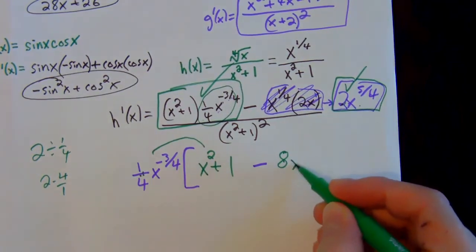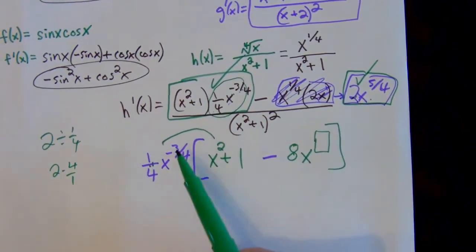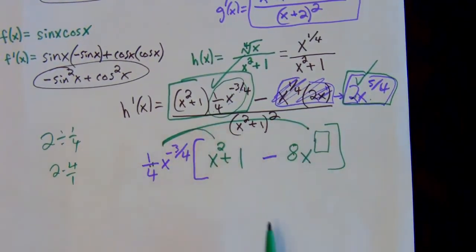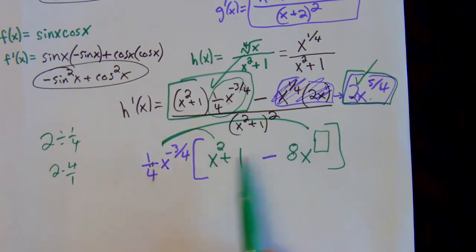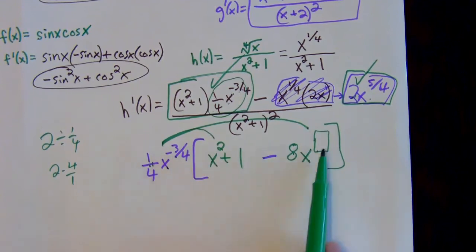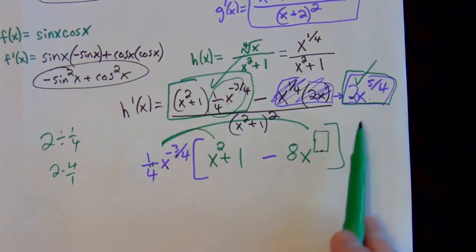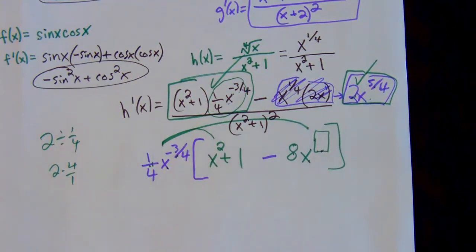Only thing we got to work on now is what to put for that exponent right there. Now, when I take this times this, I would usually ask you, hey, what are you doing with these two exponents right there? When you take x to something times x to something, you are adding those exponents. So I got to be able to add up this exponent plus whatever's in that box. That's got to equal the 5/4. Now, eventually, you'll get so good at this where you won't need to do this.